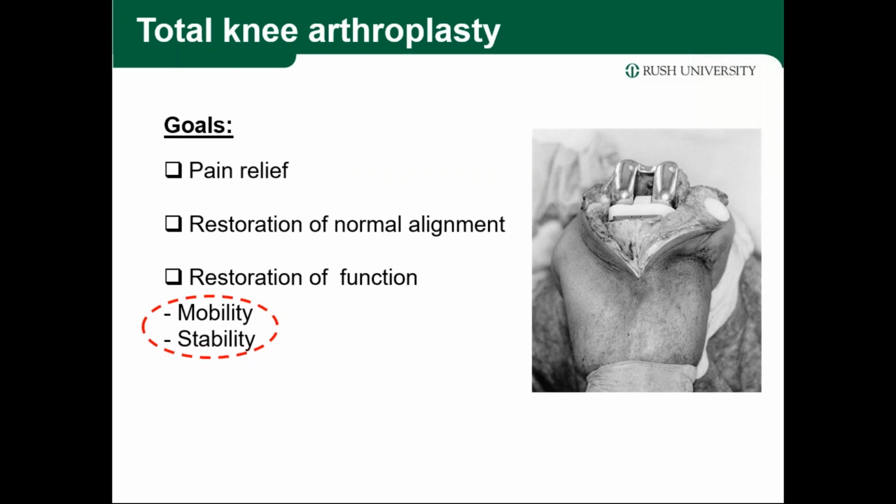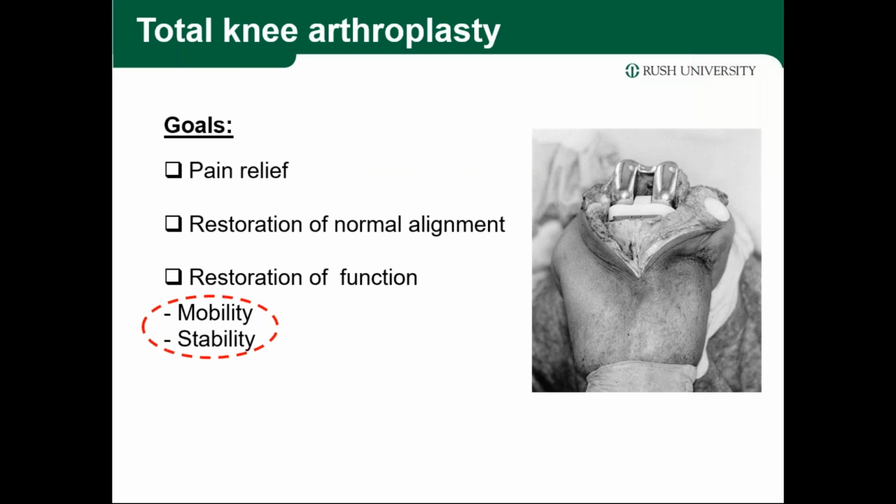Okay, so total knee arthroplasty or total knee replacement, as you may know or have heard about, is to replace the natural human knee joint with an implant, which is actually the ultimate treatment for severe knee osteoarthritis.